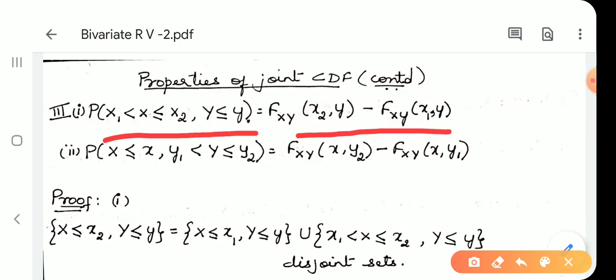The second one is P of X less than or equal to x, comma y1 less than Y less than or equal to y2 is equal to F_XY of x comma y2 minus F_XY of x comma y1.